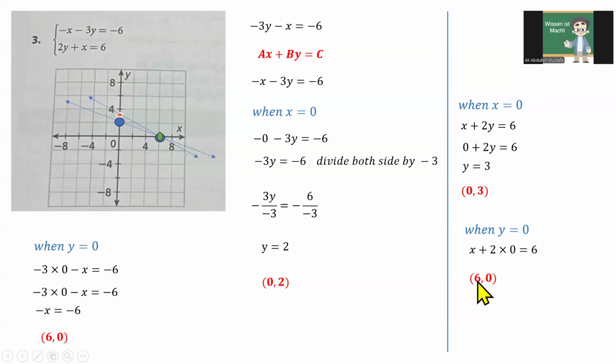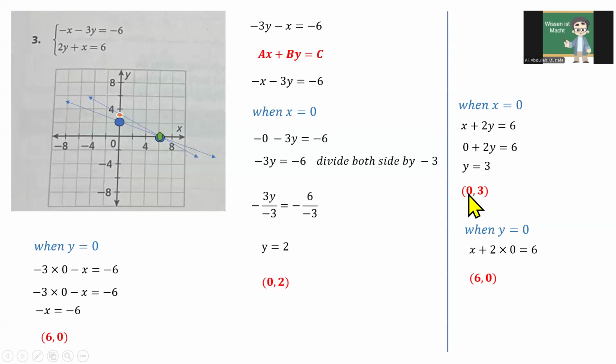As I see from my solution without graphing, I have the point 6, 0 on this line, and I also have 6, 0 on that line. So that means this is the solution point. Even without drawing, if you have the same point, x and y, from both equations, that means this is the solution point.